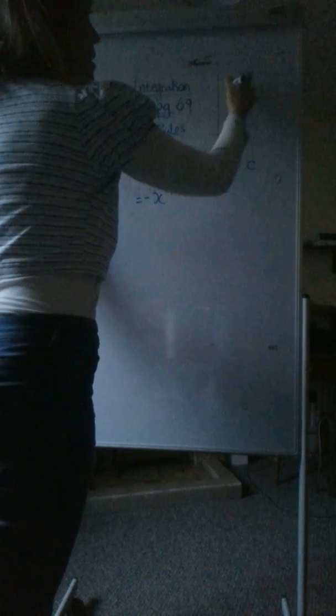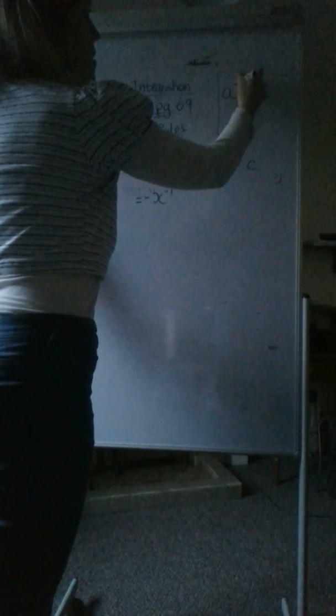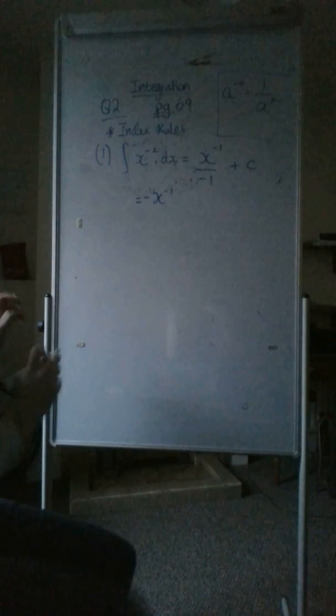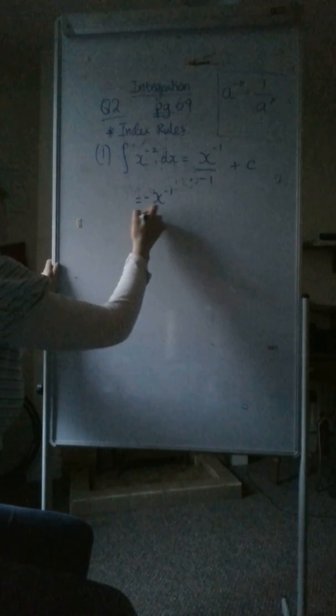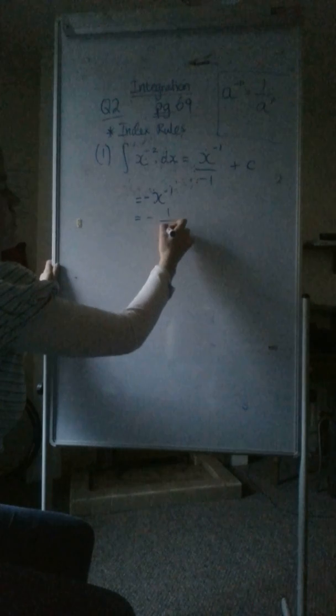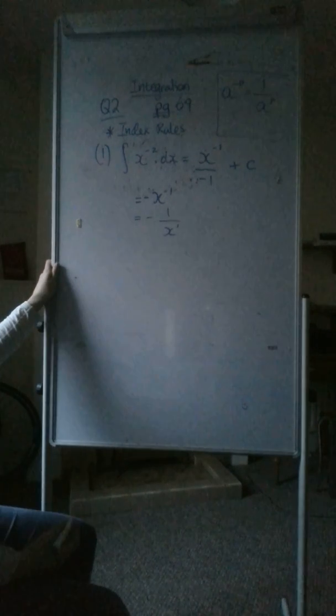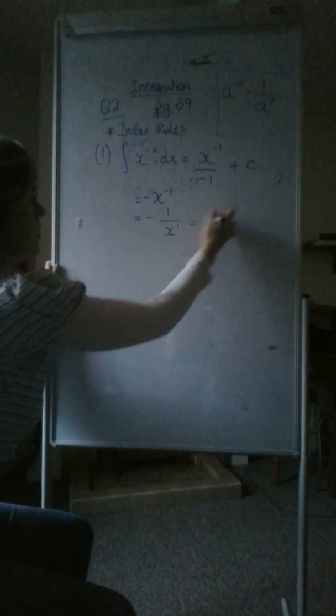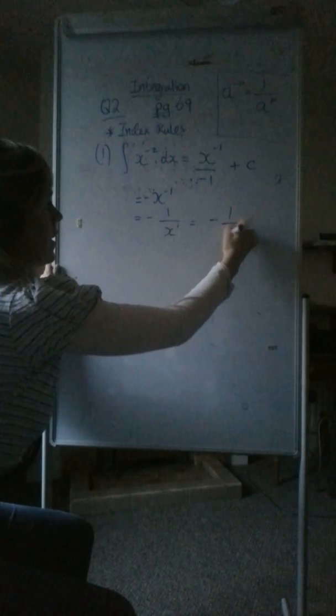The rule I'm thinking of is a to the power of minus p is equal to 1 over a to the power of p. They're in your index rules. If you use that here, the answer will be minus 1 over x to the power of 1, which is just minus 1 over x.